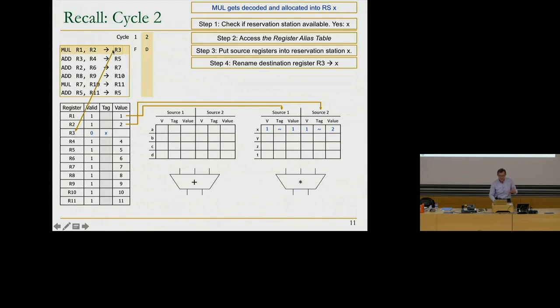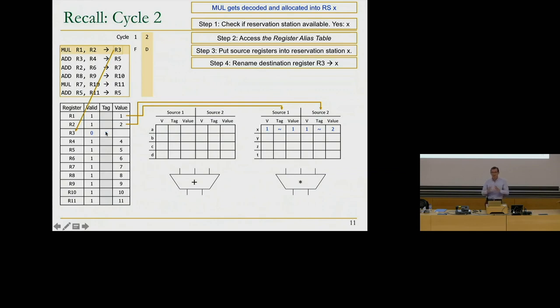Whenever this instruction multiply produces X, it's going to broadcast the tag X. And everybody who's waiting for X will capture the value that's also broadcast. That's the idea. Renaming enables linking of instructions through these tags.